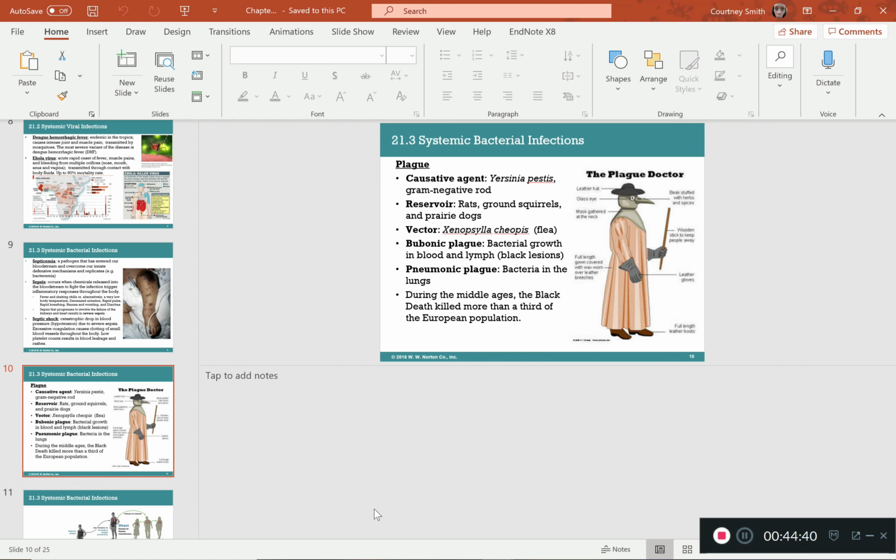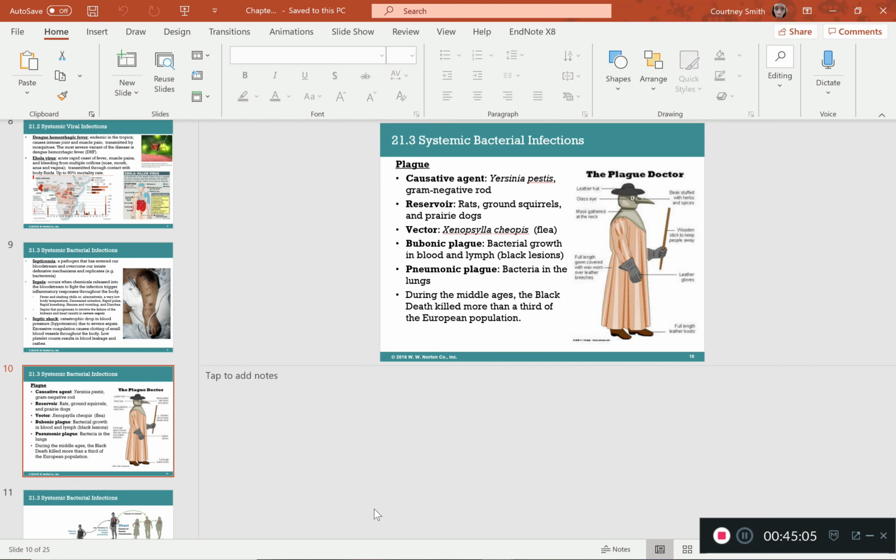But with the plague, it is caused by Y. pestis. It does have a reservoir of squirrels, prairie dogs, so pretty much the rodent population. The vector is a flea. So what will happen is that a human or a patient will come in contact with a squirrel or a prairie dog while, let's say, camping or hiking.